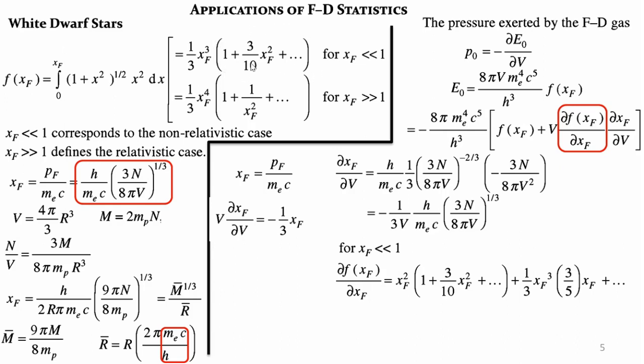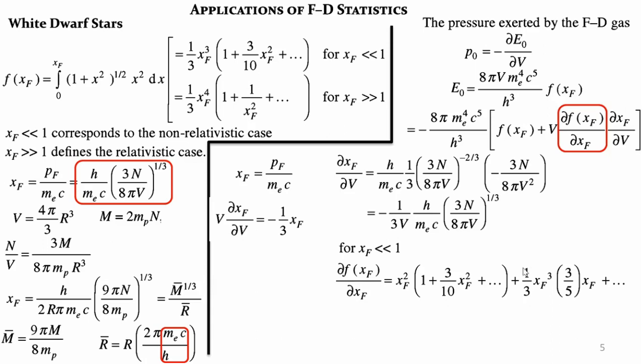So what will be the derivative? This will be the first function as such, times the derivative of the second function. So this is 1 by 3 into the derivative of this, which will be 3xf square. So 3 cancels with 3, and this will be nothing but xf square.